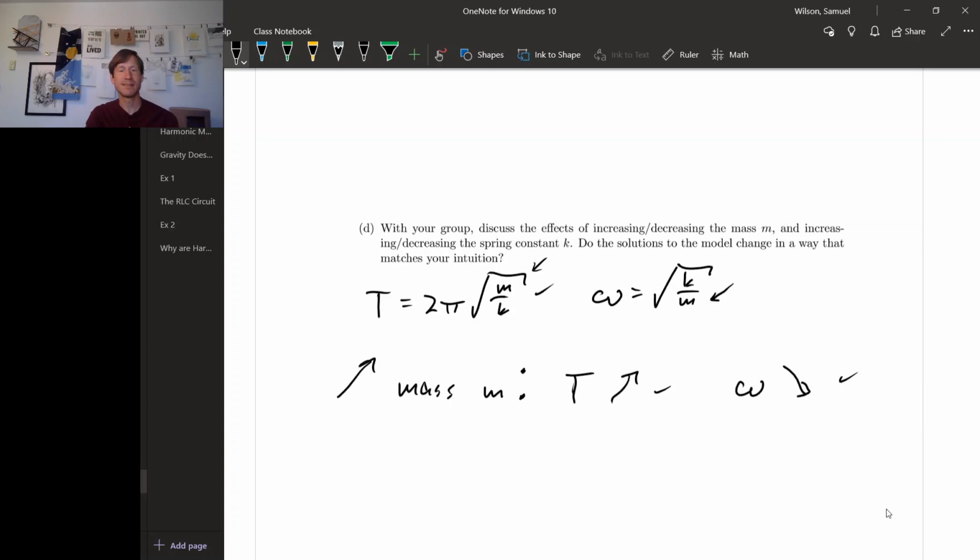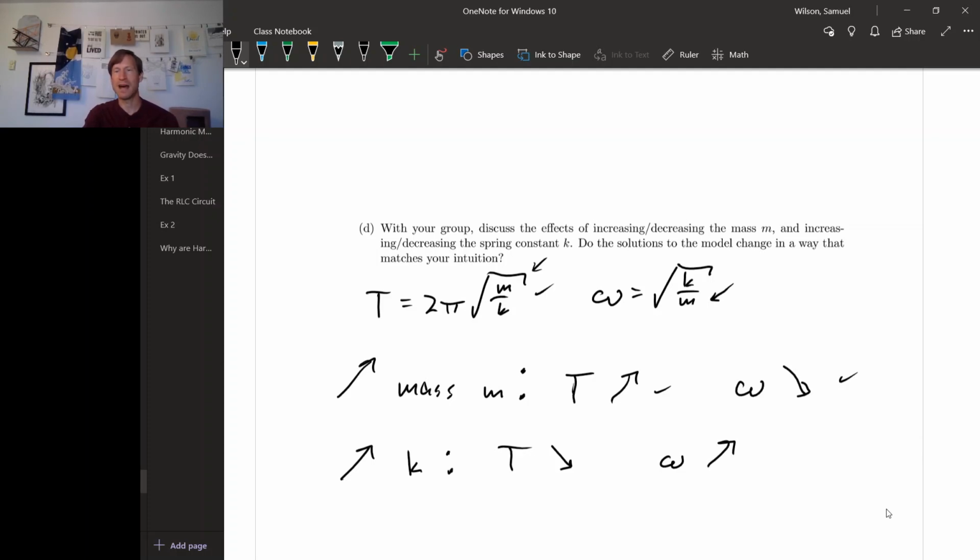Now let's think about what happens if you increase the spring constant k. Remember, k measures how stiff the spring is. If you make the spring stiffer, it's generating more force, and so it ought to have an easier time pushing the mass around. So everything should happen faster. We suspect that the period should decrease and the angular speed should increase.